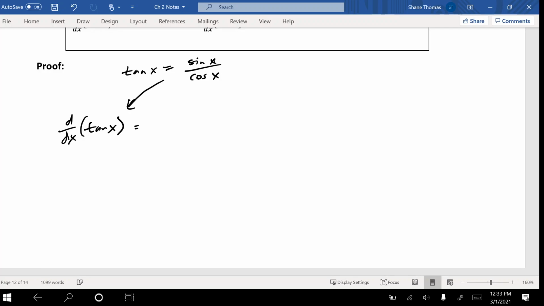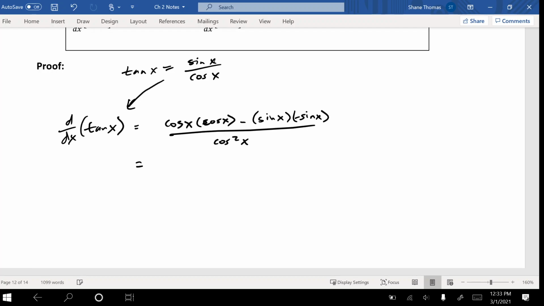Well, I have low d high: low is cosine of x, d high, derivative of sine of x is cosine of x, minus high sine of x over d low. The derivative of cosine of x is going to be the negative sine of x, over the square of what's below.